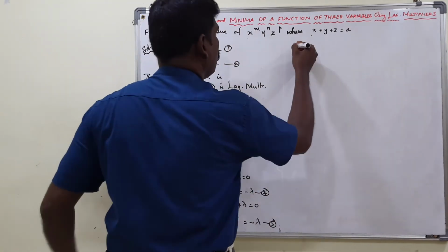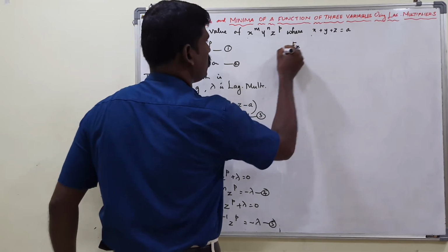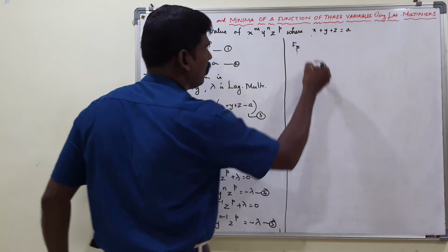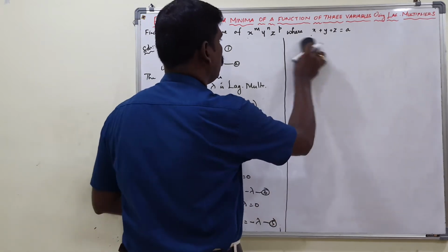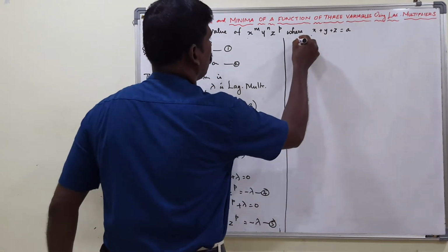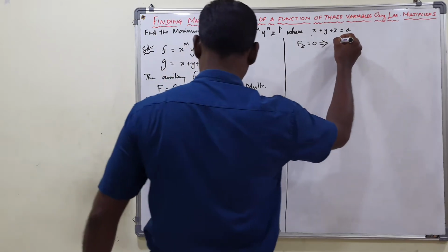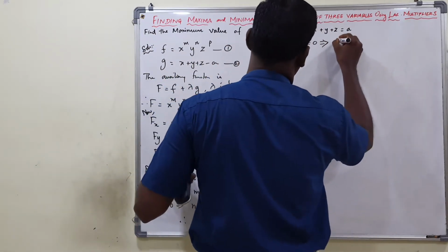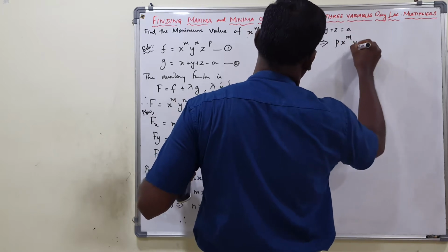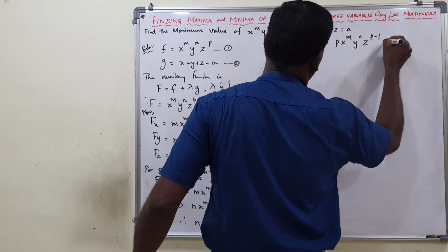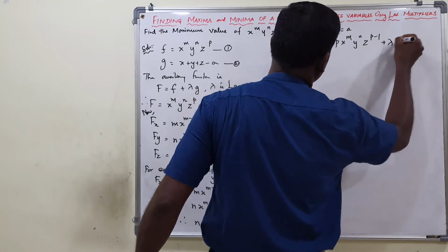Now Fz is equal to 0. p into x power m y power n z power p minus 1 plus lambda equal to 0.